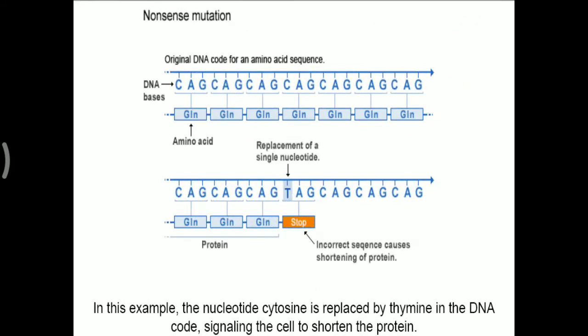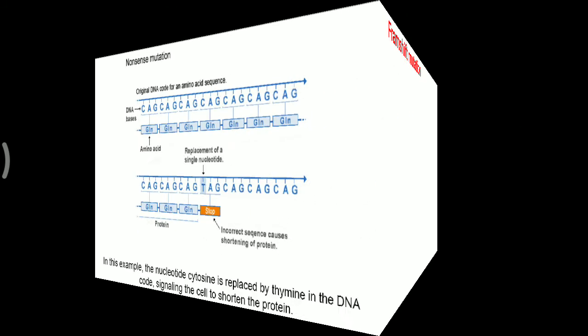That nonsense mutation is explained here. Replacement of a single nucleotide, so normally CAG is replaced by TAG, which codes for the stop codon. The incorrect sequence causes shortening of the protein. So instead of 100 amino acids, it is made up of only 75 amino acids. The abnormal protein may not be useful.